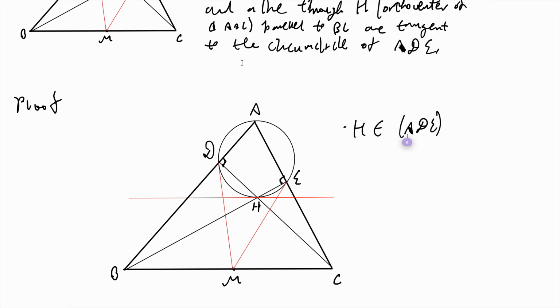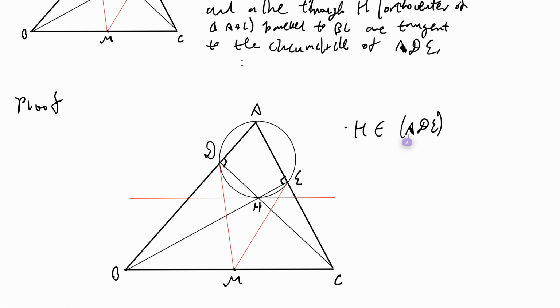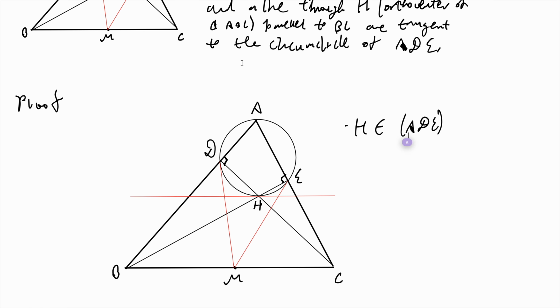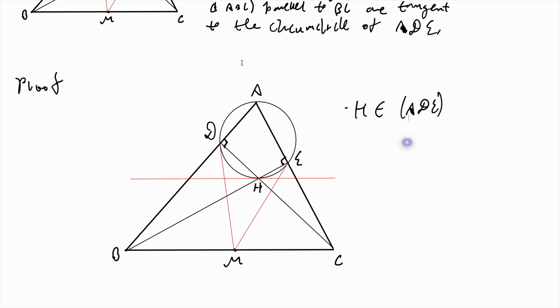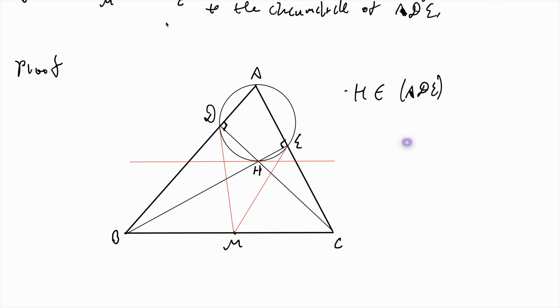Okay, so from here, let's try and use some of our properties. Notice that this is a right triangle and this is the midpoint, so obviously these 4 line segments are all equal in length.